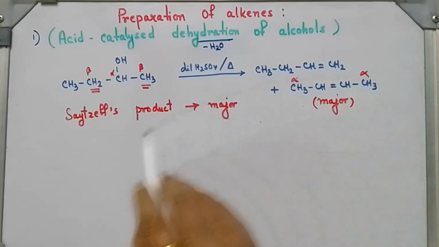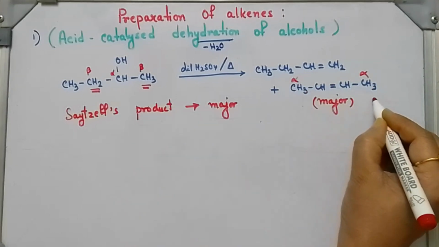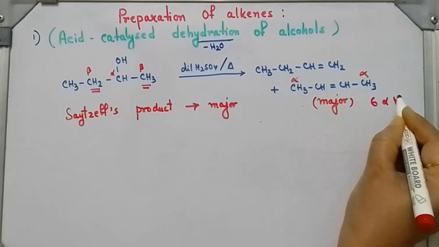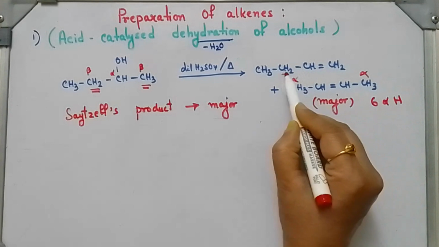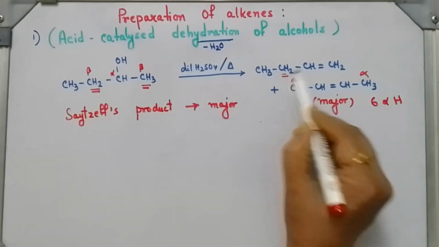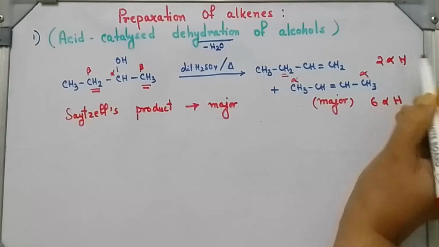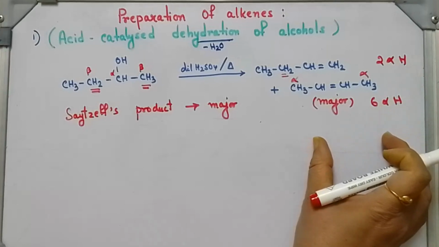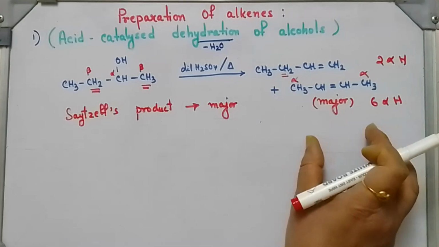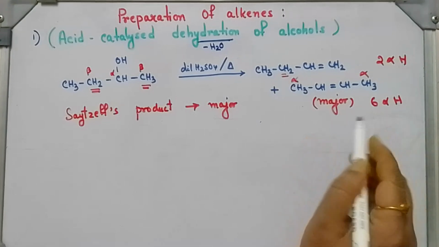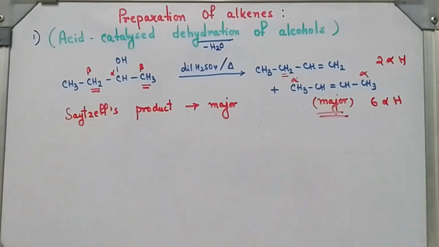So here 3 into 2, that is 6 alpha hydrogens are there. And here, with respect to this double bonded carbon, this carbon is alpha and 2 alpha hydrogens are there. Which one is the major product? Where more alpha hydrogens are there. So the alkene with more alpha hydrogens will be the major product according to Saytzeff rule.